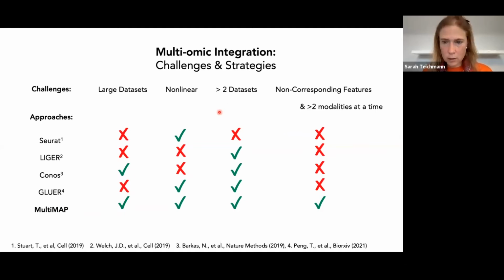Now the different approaches have different strengths and weaknesses. The key feature, I would say, from MultiMAP is that it allows you to take into account features that aren't shared between data sets, and it also allows you to integrate multiple data sets. It's non-linear and it scales well.